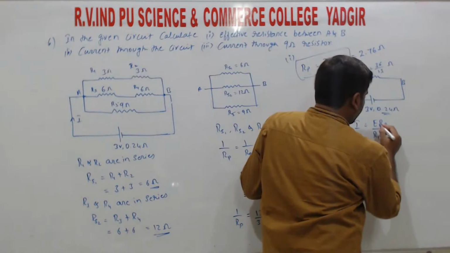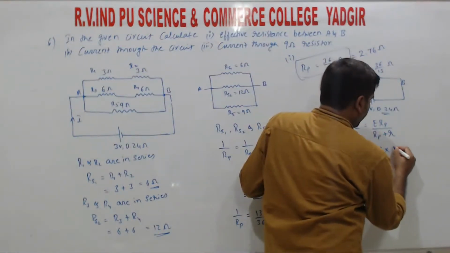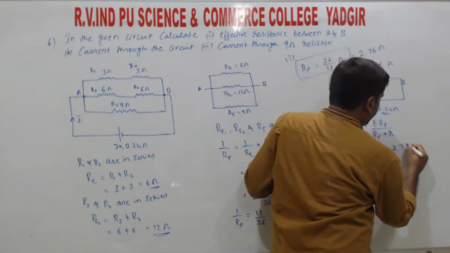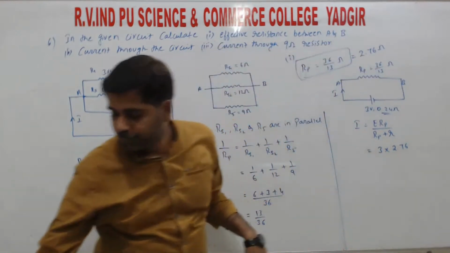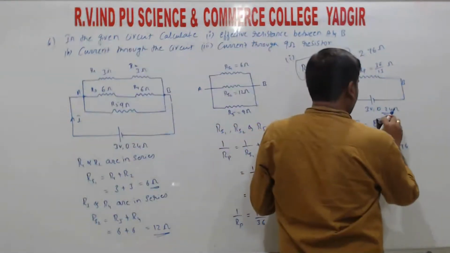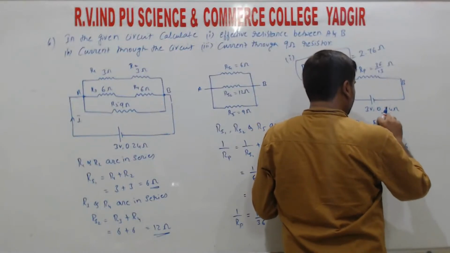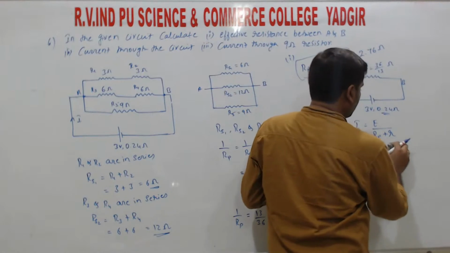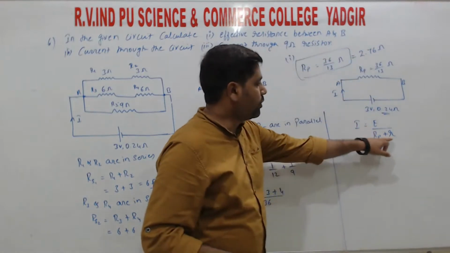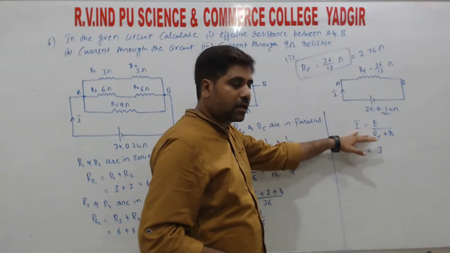So here E value is 3 volt. So I is E divided by RP plus r. Here only we are going to calculate the current, right?